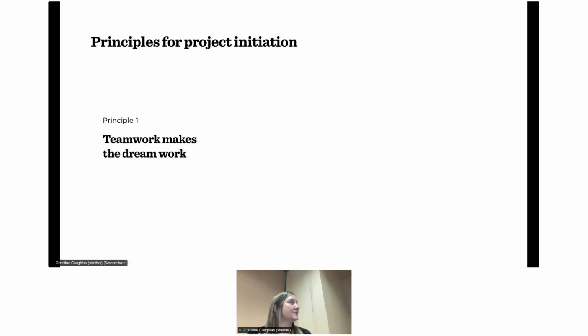So first, those principles. The first principle that I like, and I know it's kind of cliche, is teamwork makes the dream work. The whole point of this is that we are a team. We're coming together to create something cohesive, something that's going to solve a problem. So we collaborate with our coworkers and with our stakeholders to create the best possible project.